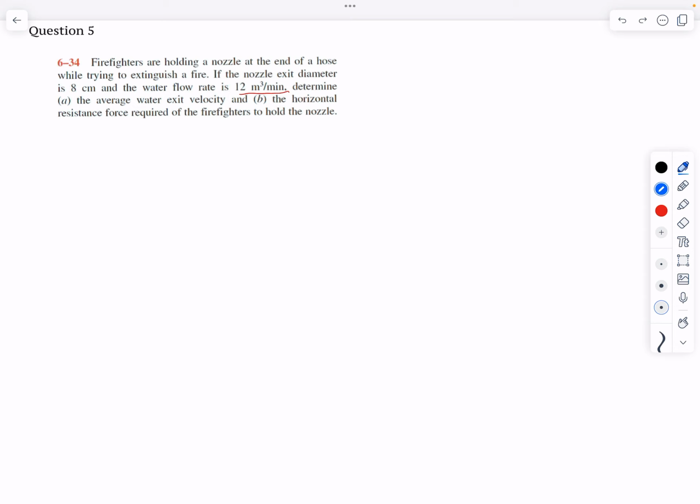Okay, that's good. V dot equal 12 cubic meter per minute. So in 1 minute there is 60 seconds.